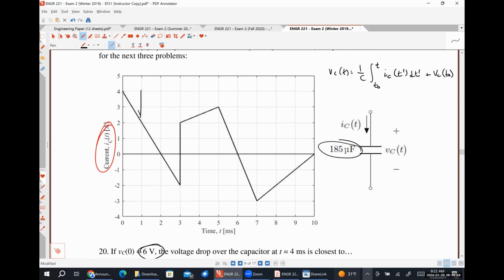So this area right here is 1/2 times 2 milliseconds times 4 amps. This area right here is 1/2 times 1 millisecond times -2 amps.